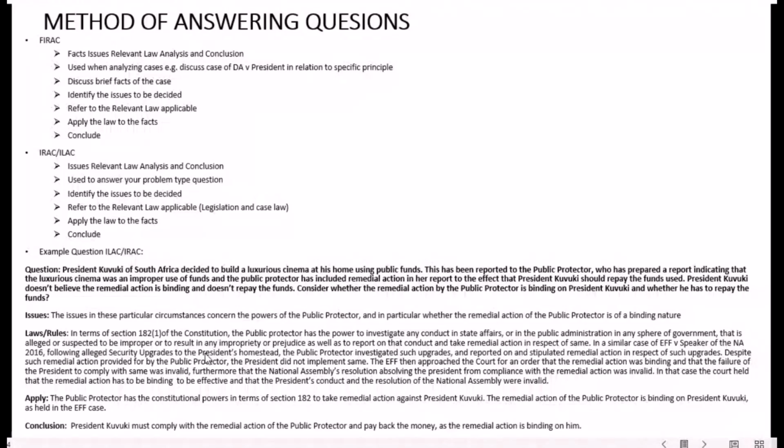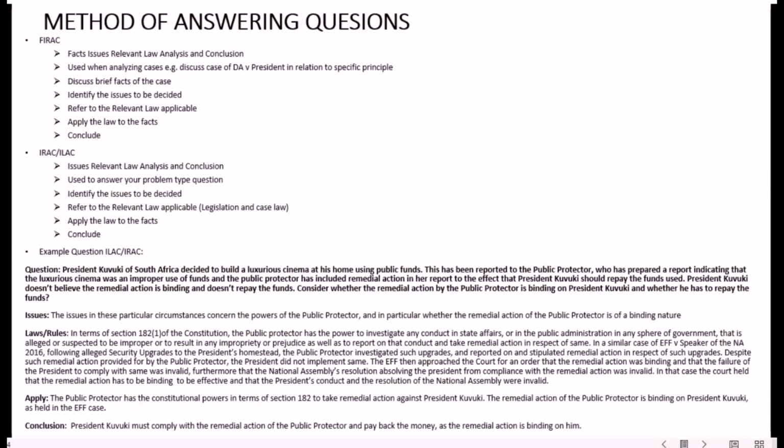This is just a little example that I came up with in respect of the public protector and the binding nature of their remedial action. President Kuvuki of South Africa decided to build a luxurious cinema at his home using public funds.